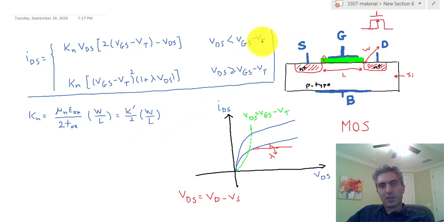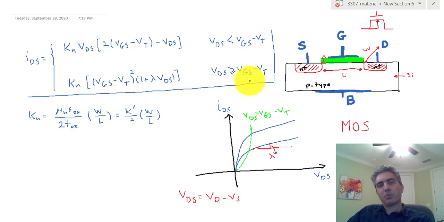And as we explained, Vt is a threshold voltage below which the channel could still be considered completely off and the device is not turned on. Obviously, the operation is not purely on or off. So even at voltages smaller than the threshold voltage, there is a small amount of current that is passing.